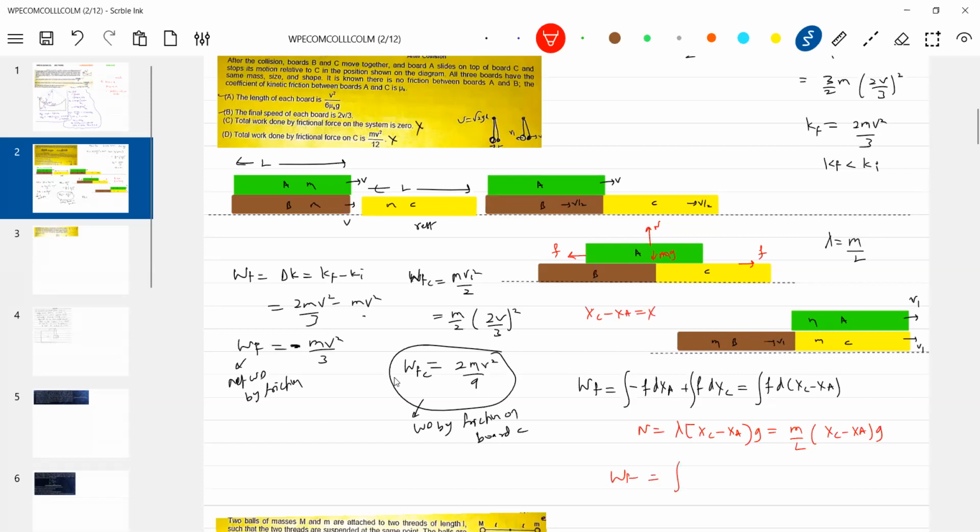So this will become F equal to mu N into dx.